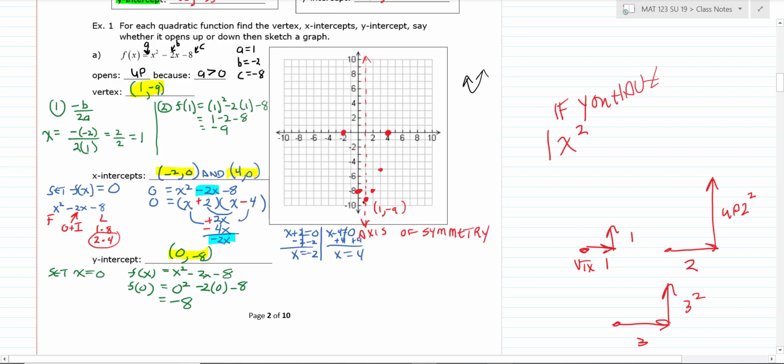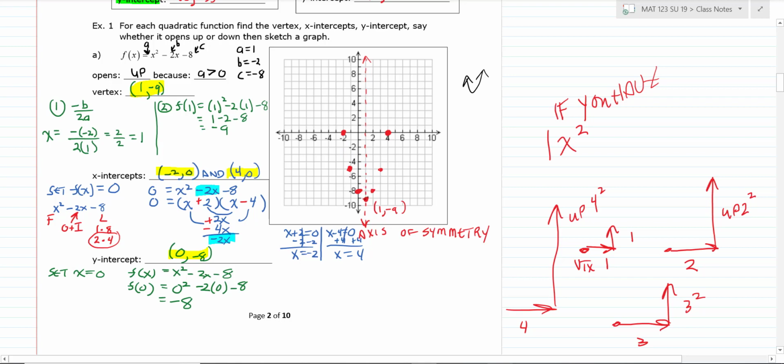You can do this backwards too: left 1, up 1; left 2, up 4; left 3, up 9. You can repeat that as far as you want. If you go over 4, you would go up 4 squared. That's just something nice to know.